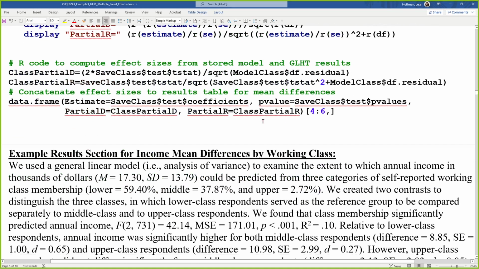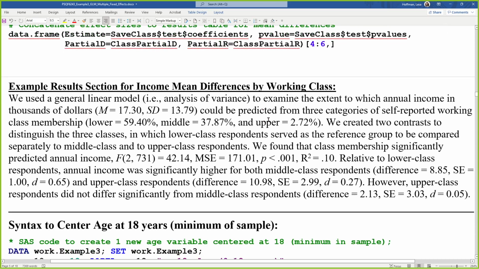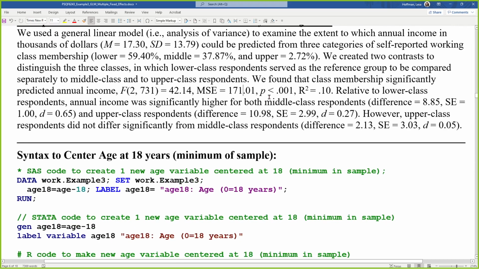In the results section that follows this, I have sentences that try to put all of those concepts together. So for instance, this sentence right here, relative to lower class respondents, annual income was significantly higher for middle class respondents. Then I have the difference as the slope, the standard error of the difference, and then an effect size for the difference.